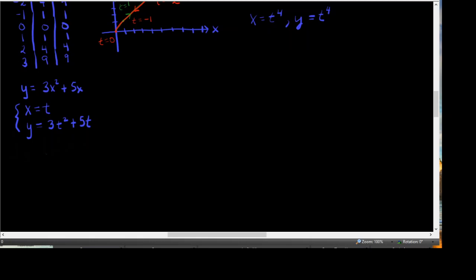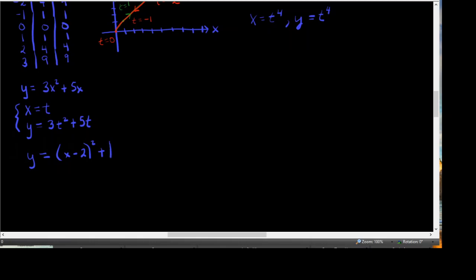So with that in mind, we're asked to find two parametric representations for the parabola that's given. Let me write down that equation. y equals (x minus 2) quantity squared plus 1.